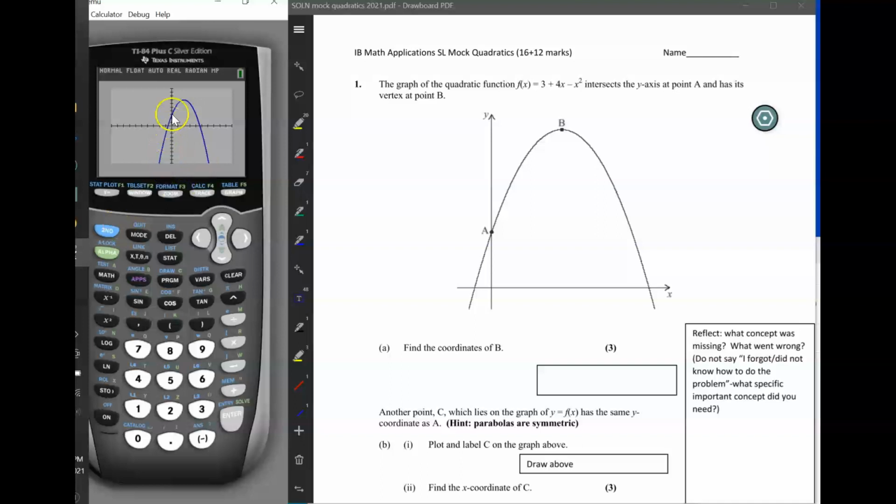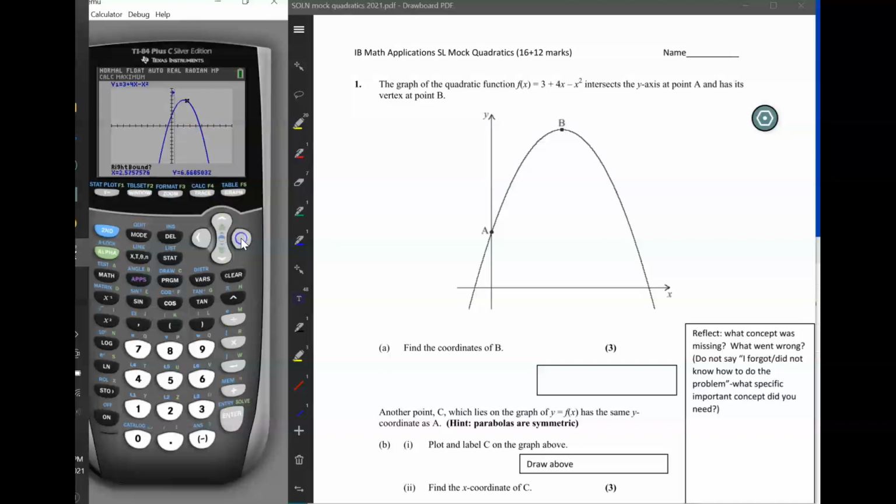In this particular case, it opens down, so we're going to do second calc maximum, because the vertex is the maximum point. So here we go, second calc maximum, which is option 4. Then for left bound, we put the cursor slightly to the left of the vertex, and hit enter, and then we put the cursor slightly to the right of the vertex when it asks us right bound.